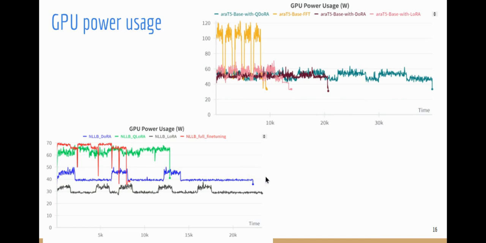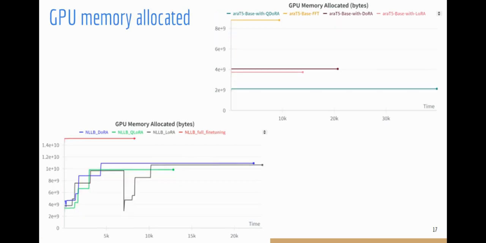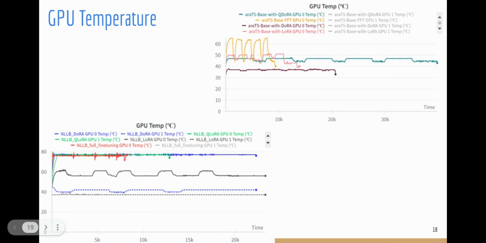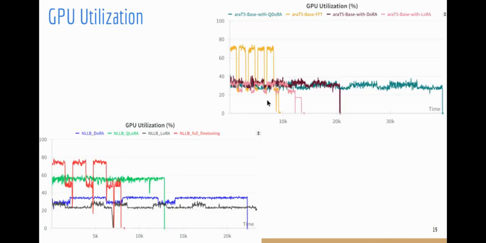And for the memory allocated, we find that full fine-tuning was the method that allocated a lot of memory compared to the other techniques, and the same with temperature, as we see here in both models, and in GPU utilization in general.